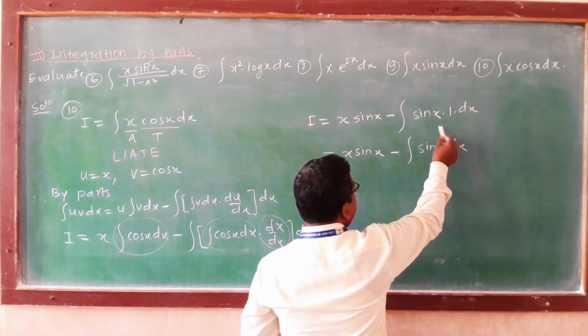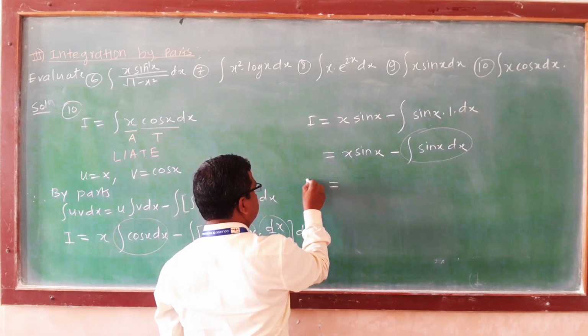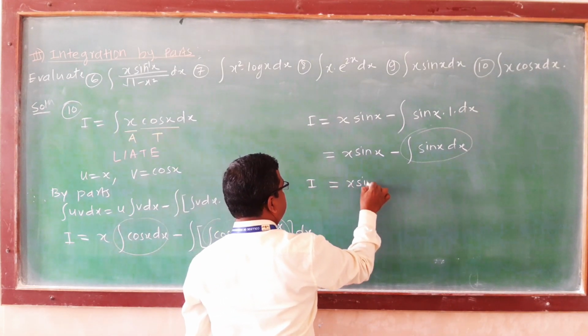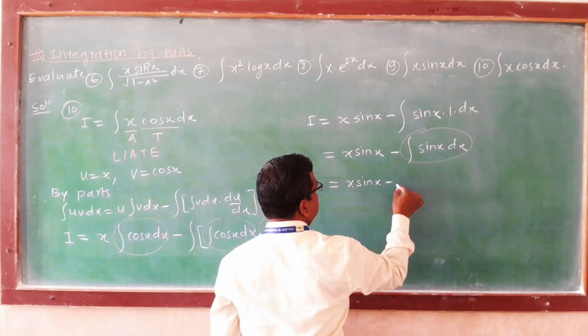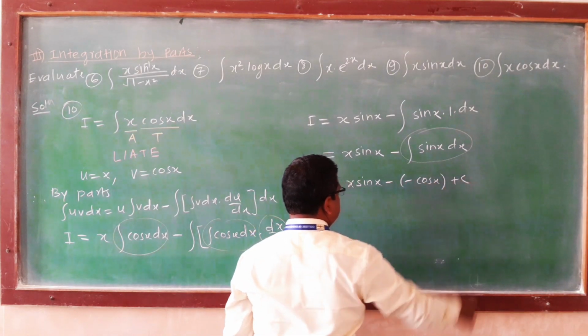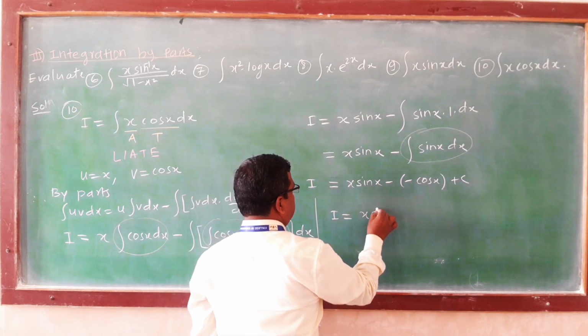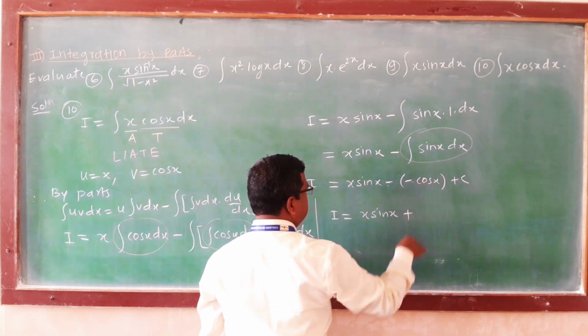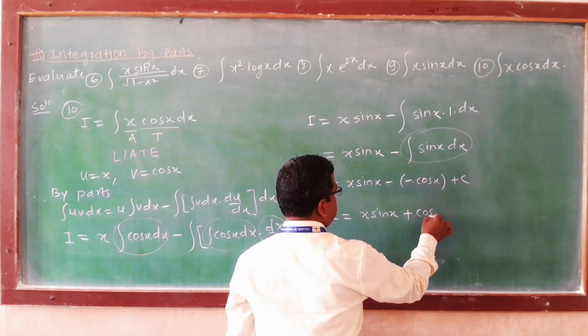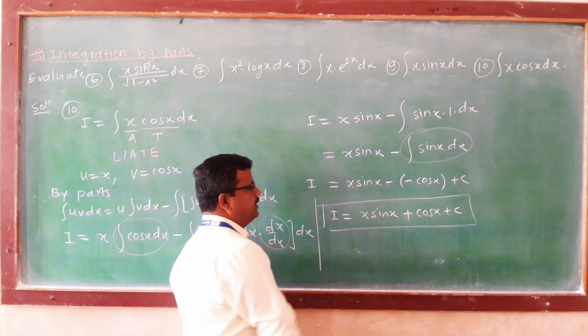Again this is a standard integration. Therefore, finally we get I is equal to x sin x minus, integration of sin x is minus cos x, plus c, so I is equal to x sin x plus cos x plus c. So this is the required integration.